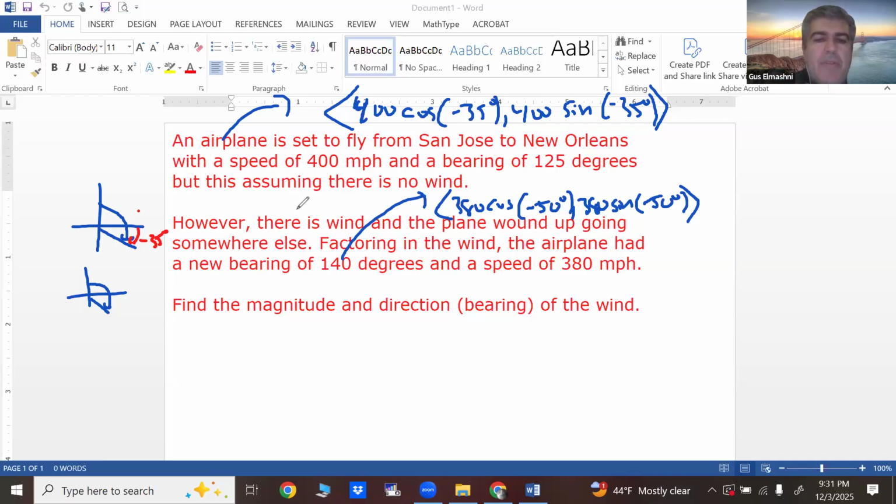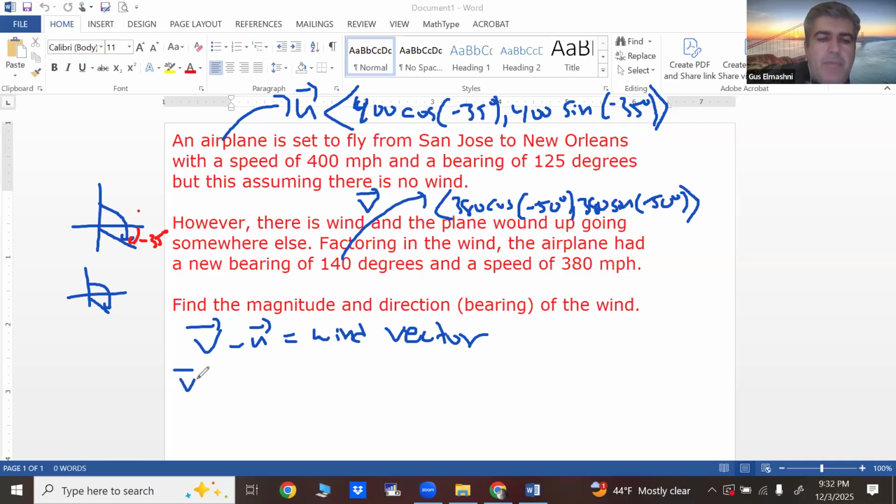If I call this vector V, I call this vector U, then V minus U gives you the wind vector.